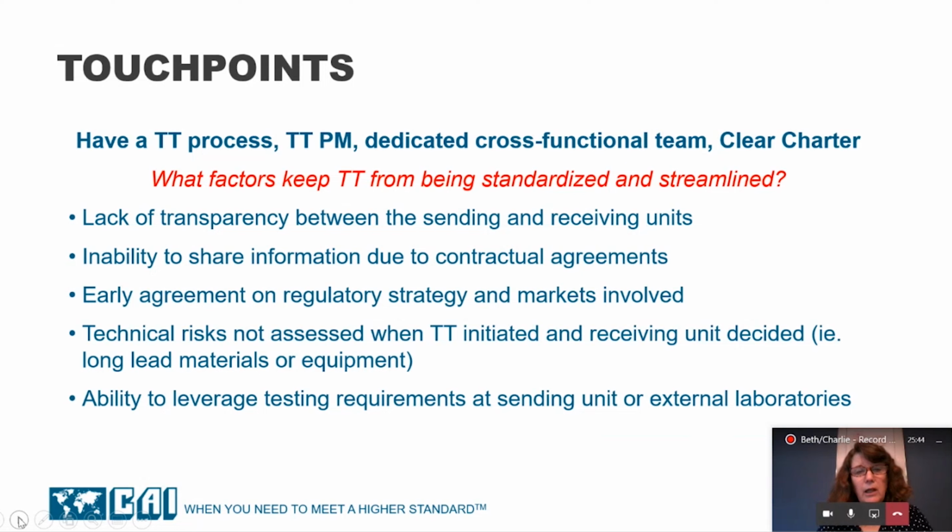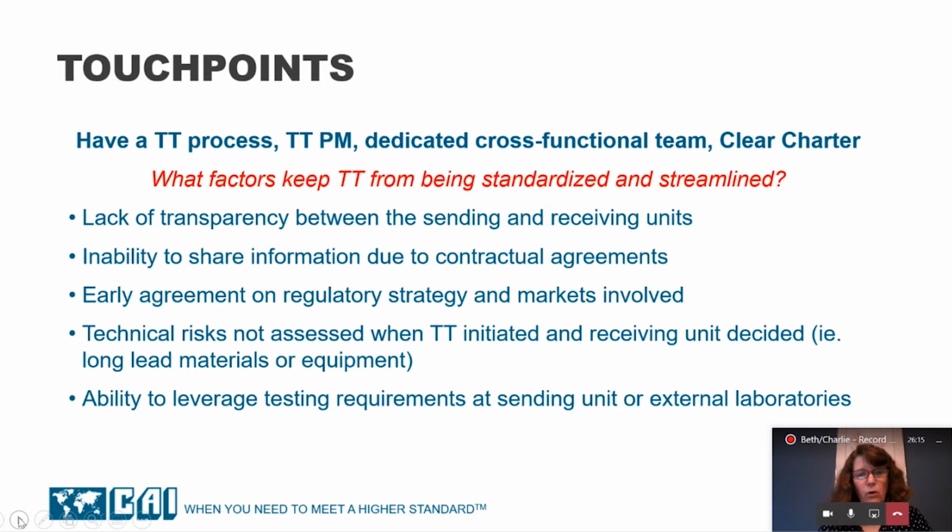The next thing is the communication that's established between the sending and receiving units is often set by contractual agreements. So you need to be careful in those contractual agreements if it's important for the technology transfer to have a streamlined knowledge management system to ensure that those contractual agreements align with the communication that's required.